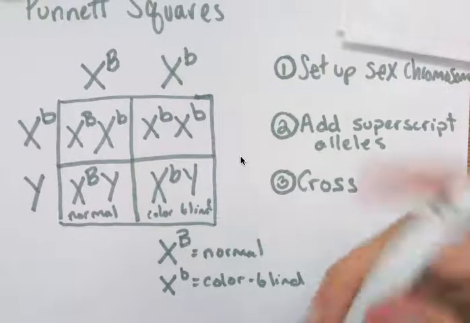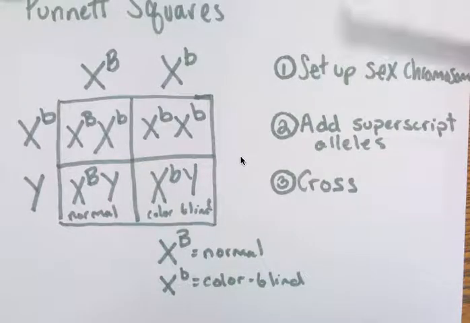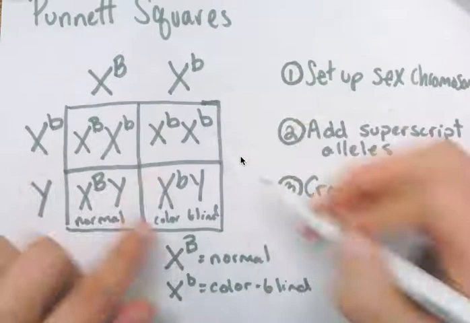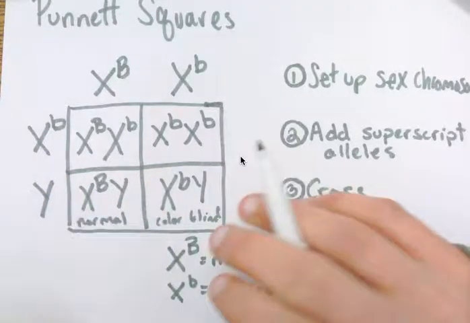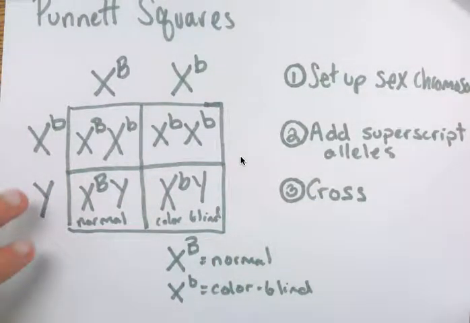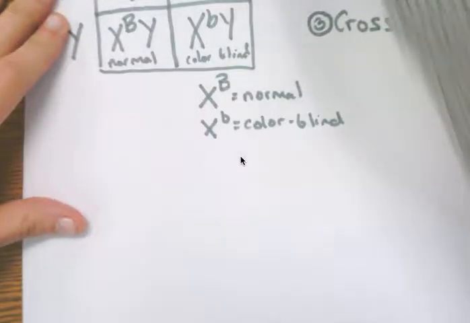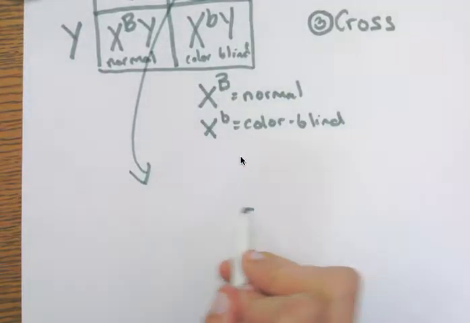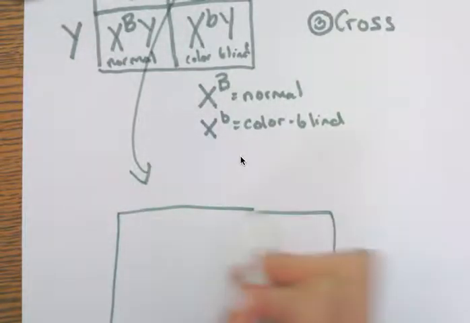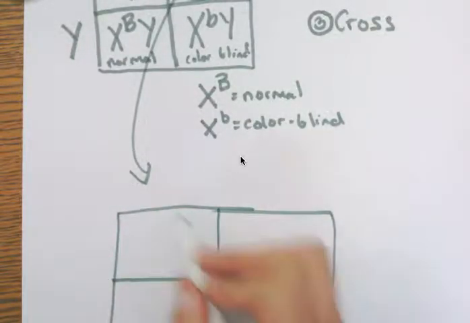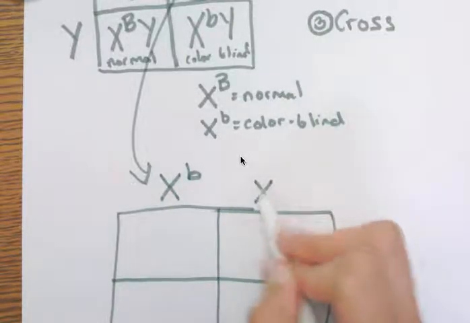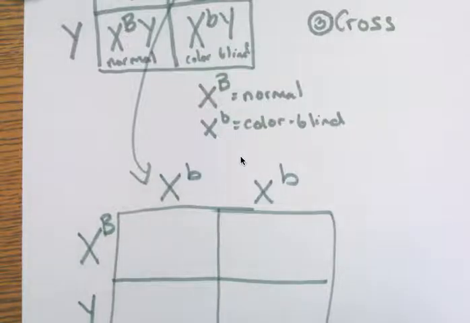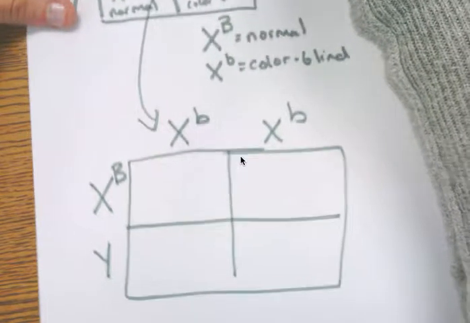If mom is affected, and we don't see it in this particular one, but let's just imagine for a moment that this daughter goes on and gets married to somebody who is normal vision. Let's set that up real fast. If you have a female who is affected by a recessive trait, is there a chance that they'll have a child who does not have any trace of the gene?